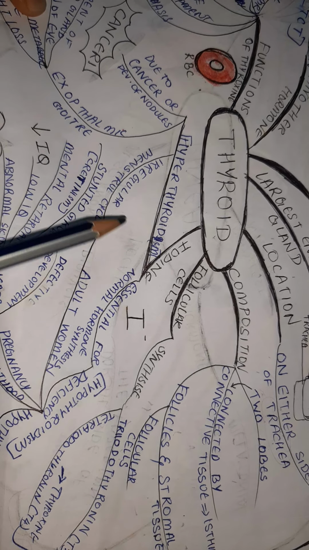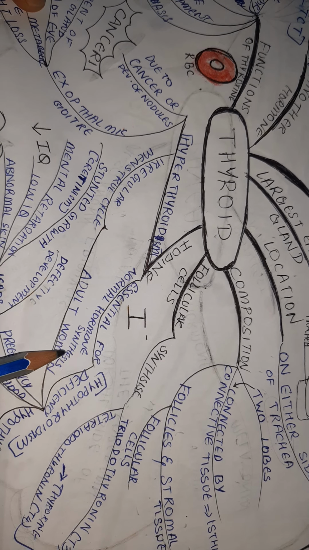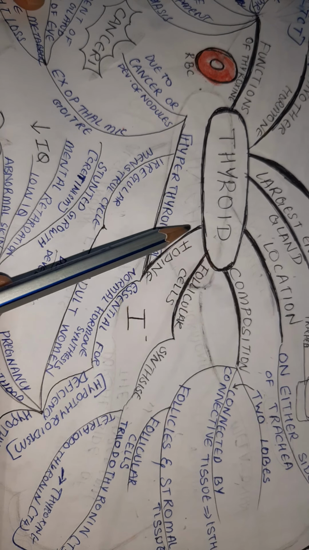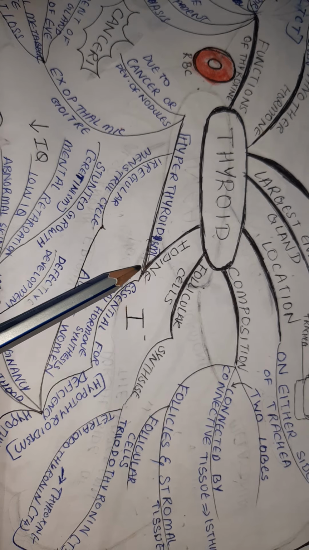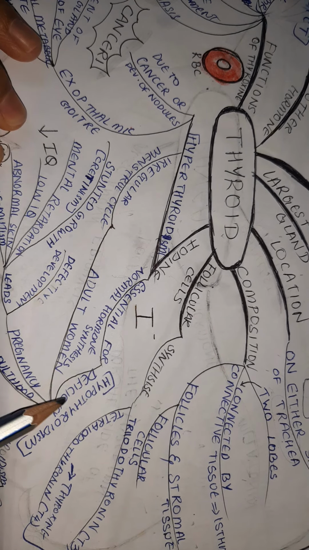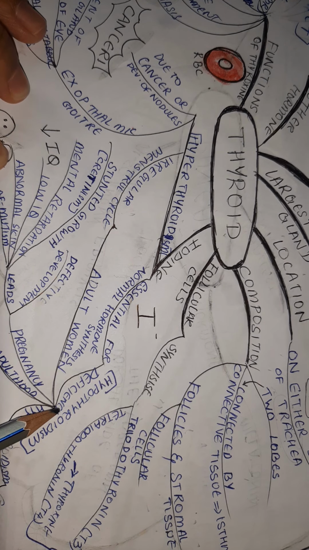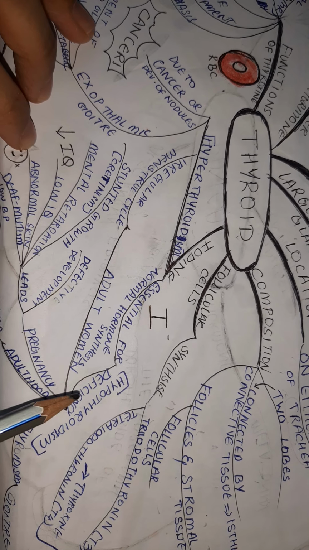What is the role of iodine now? Iodine is essential for normal hormone synthesis. If the thyroid has to release hormone normally into your blood, then iodine is necessary for normal synthesis. If there is deficiency, that means hypothyroidism, where thyroid hormone is released in less amount. This can happen in 3 cases.